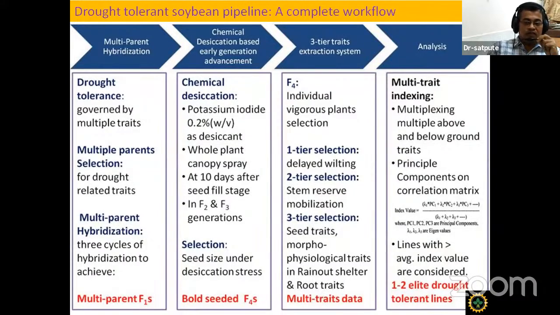where we have the opportunity to extract the stem reserve mobilization trait.